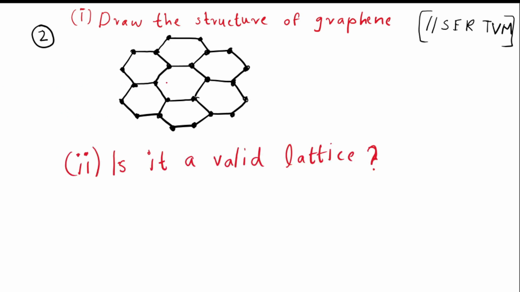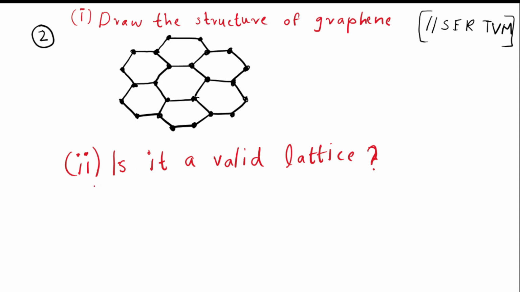When I drew the structure of the graphene, they asked me the second question. They asked me whether it is a valid lattice or not. Is it a valid lattice? So I got confused. They gave me the hint that I have to think with respect to the definition of lattice. So what is a lattice?